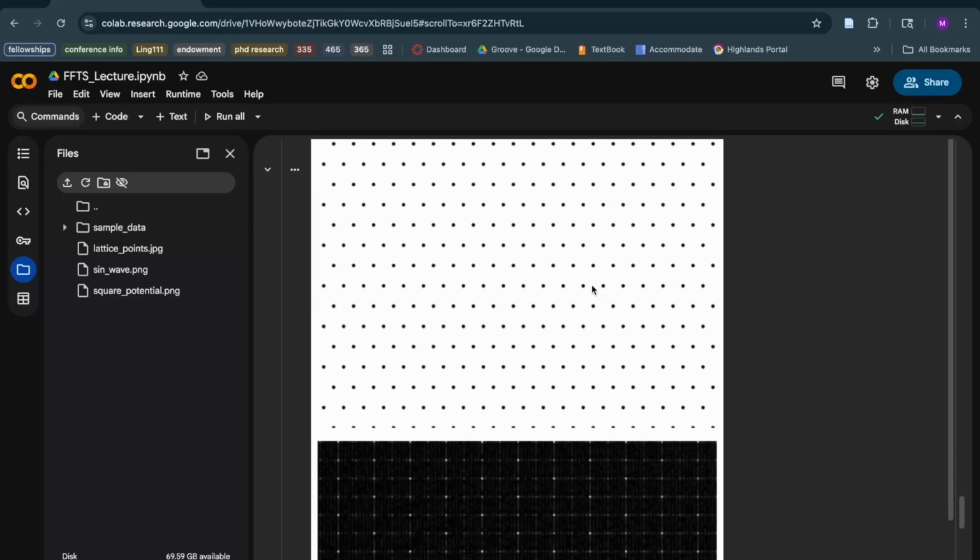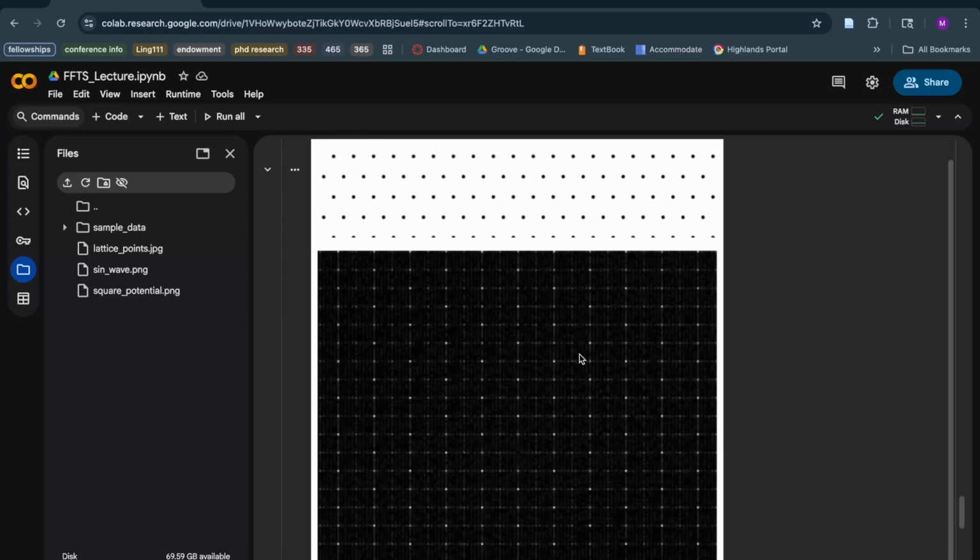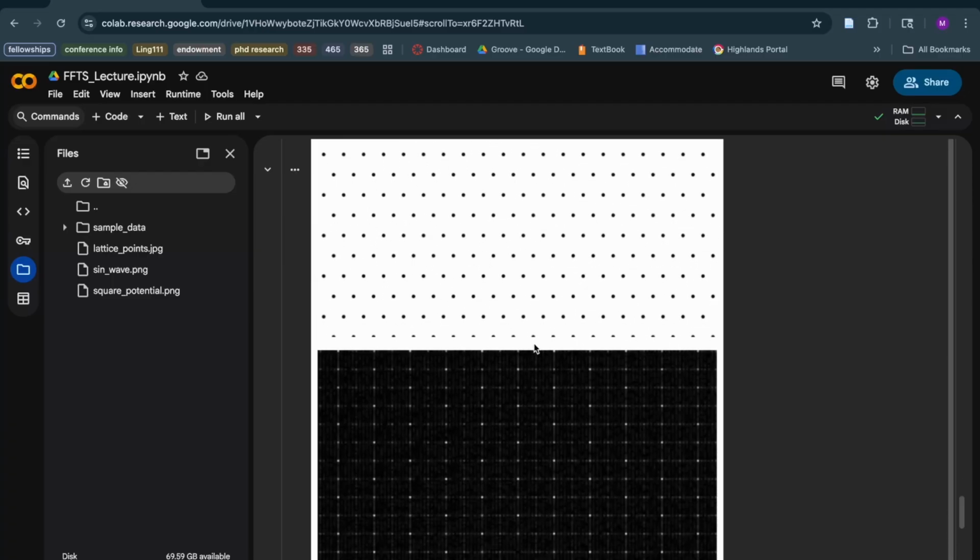Well, if you were to find the distance between two points, let's say from A to B, it would be a distance of A, or let's call that the lattice parameter A. If you were then to do the same measurement between two points here, that length would actually be 1 over A. So even though these look the exact same, they are actually different because their spacing is different.